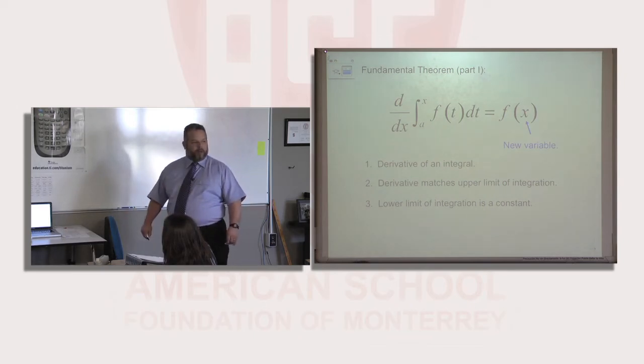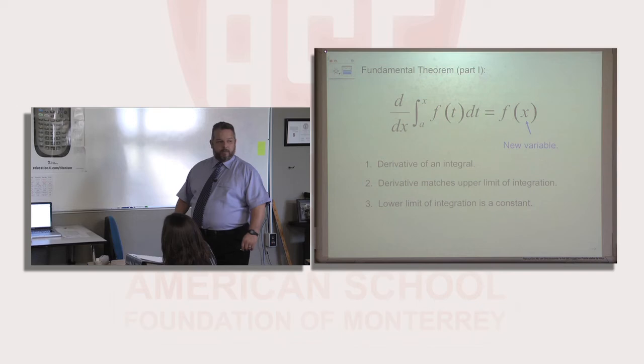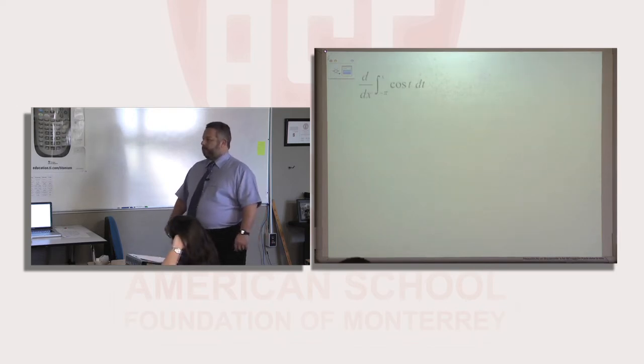That's the whole thing. Understanding what it means is a little more difficult, but actually doing it is pretty straightforward. If we meet these 3 criteria, then the answer is just f at t with t replaced by x. Make sense?